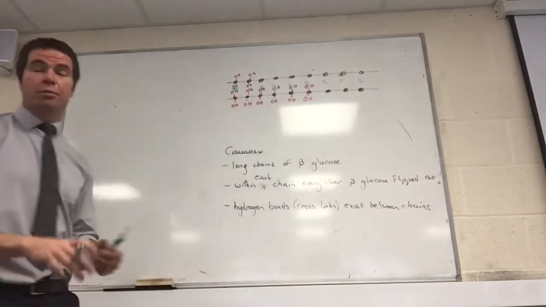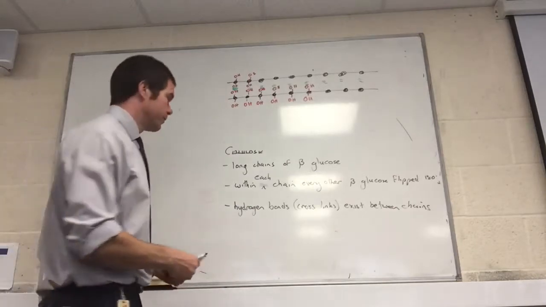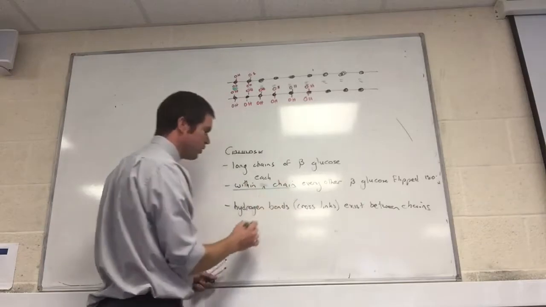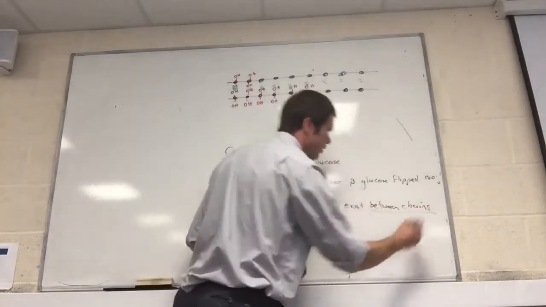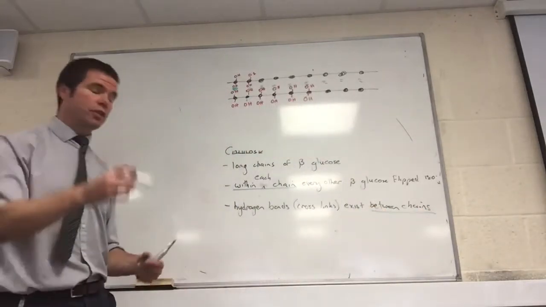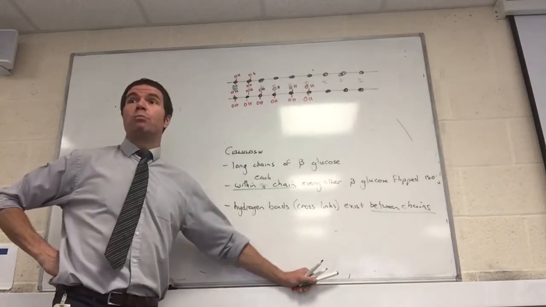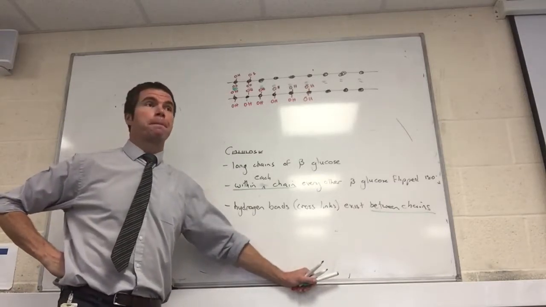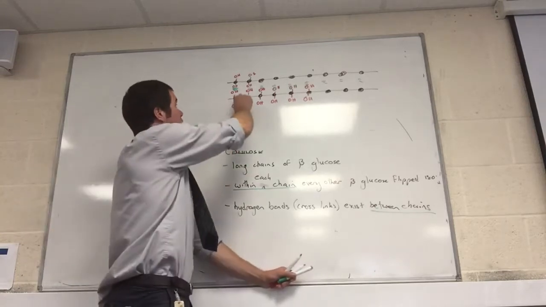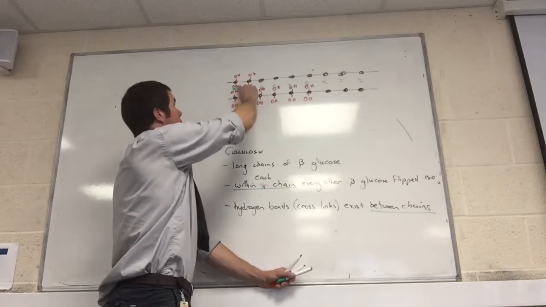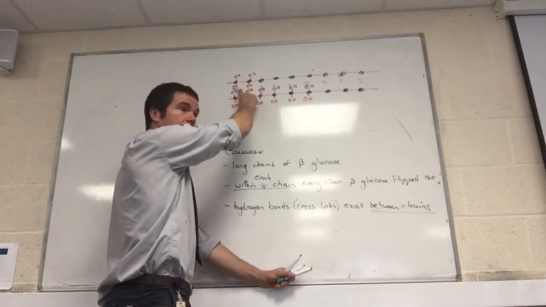Okay, now the wording there is important. I'll just tell you why you can go wrong. The key terms of this: within each chain and between chains. Because you frequently will say, oh, structure of cellulose, yeah, there's hydrogen bonding between beta-glucose molecules. Yeah, there is. Right there, look, there's a beta-glucose molecule there and a beta-glucose molecule there. That's a hydrogen bond, you're right.